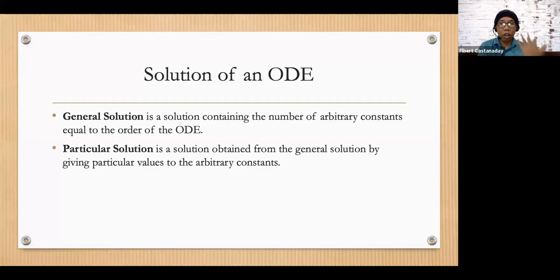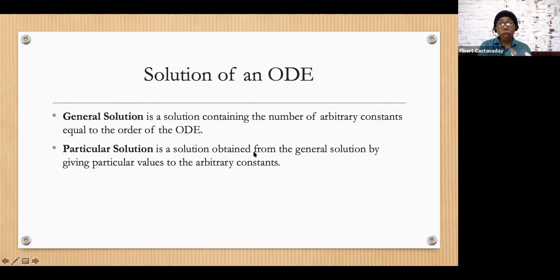How many arbitrary constants will I be seeing in my solution if the DE is second order? There are two arbitrary constants, right? It says here: a solution containing the number of arbitrary constants equal to the order of the DE.